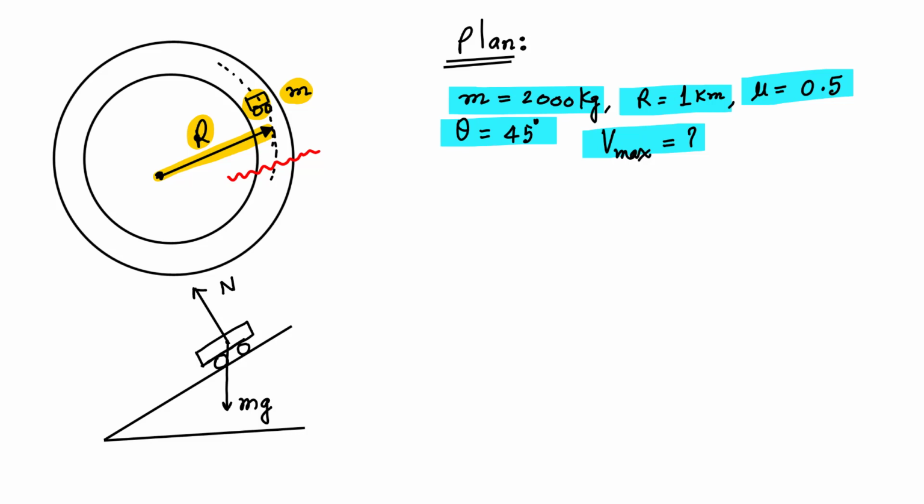So it will have a tendency to slip in the outward direction. So this means friction force on this car will act in the opposite direction. So we will have friction force, acting along this direction. So let's call this friction force F.